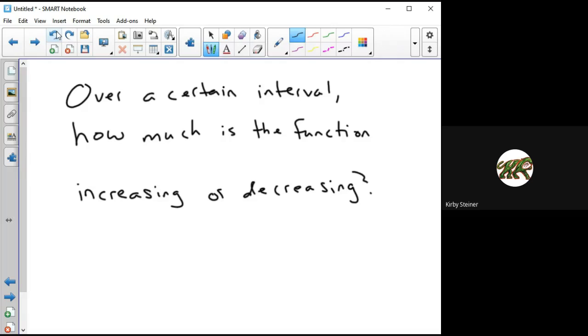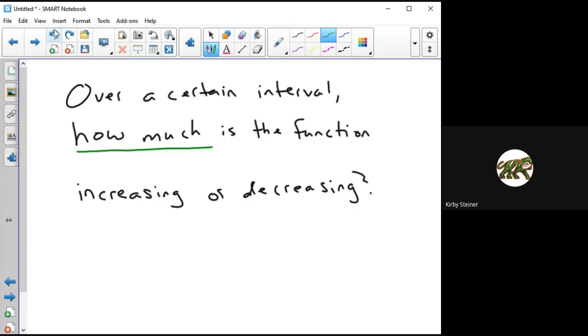We looked at in class how to identify such an increasing or decreasing interval. So we know how to identify such an interval, but the question then is how much? So we're interested in this quantitative question. How much is the function increasing or decreasing? So we're going to use this idea of the average rate of change.